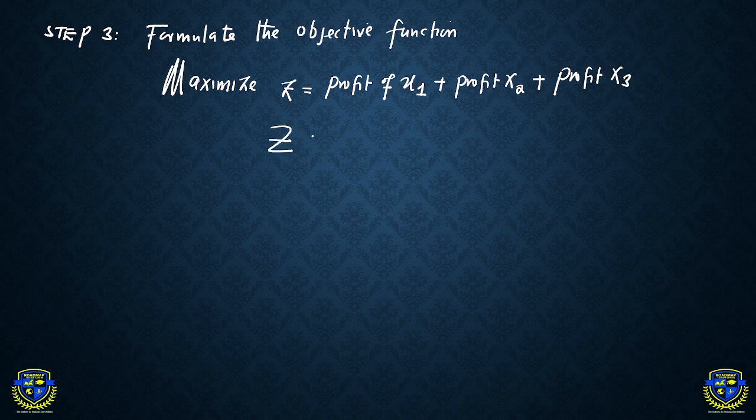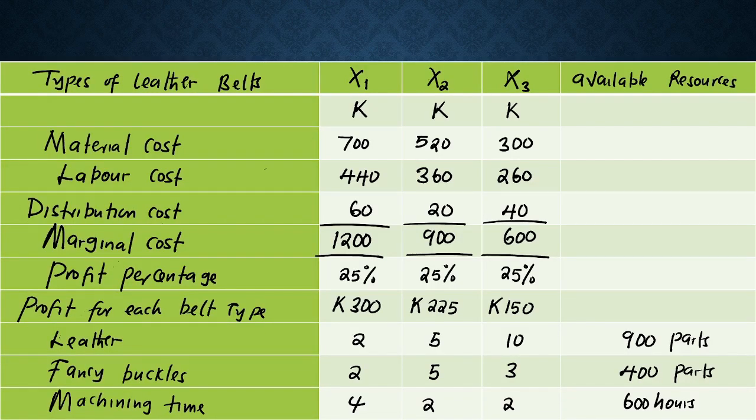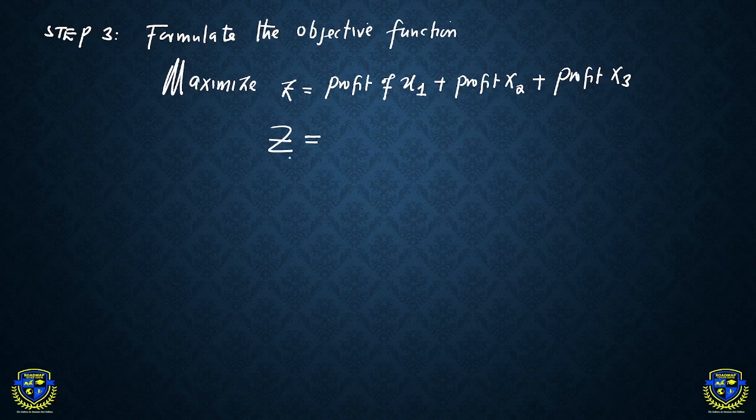So what do we do there? We shall say Z is going to be equal to, our profit for X sub 1 was 300, so we shall say 300 X sub 1 plus our profit for X sub 2, it was 225, so 225 X sub 2.